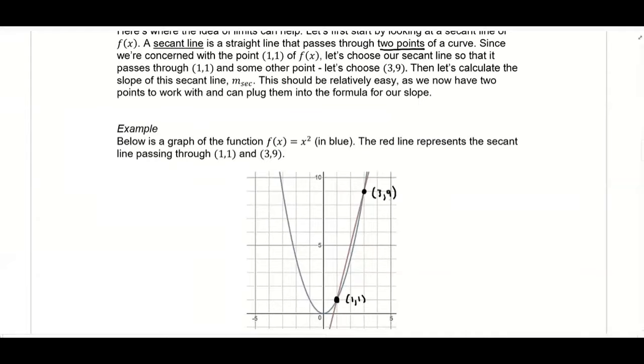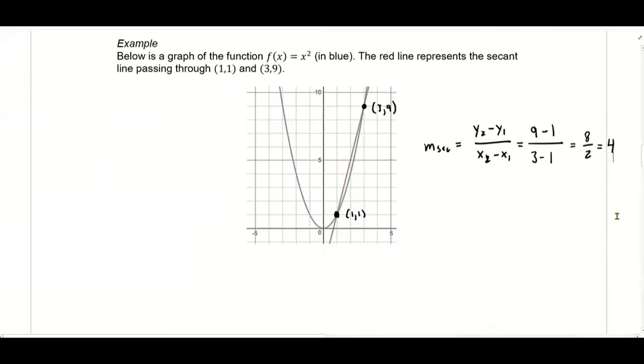And we could easily calculate the slope of this secant line by calculating the difference in our y-coordinates over our x-coordinates. So here, if I treat this as my point number 2 and my point number 1, I'm going to get 9 minus 1 over 3 minus 1, which gives me 8/2 or 4.